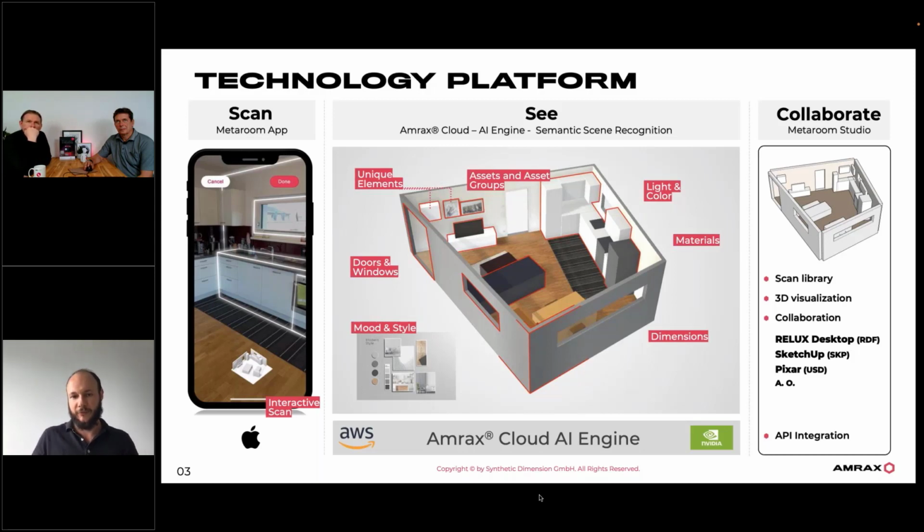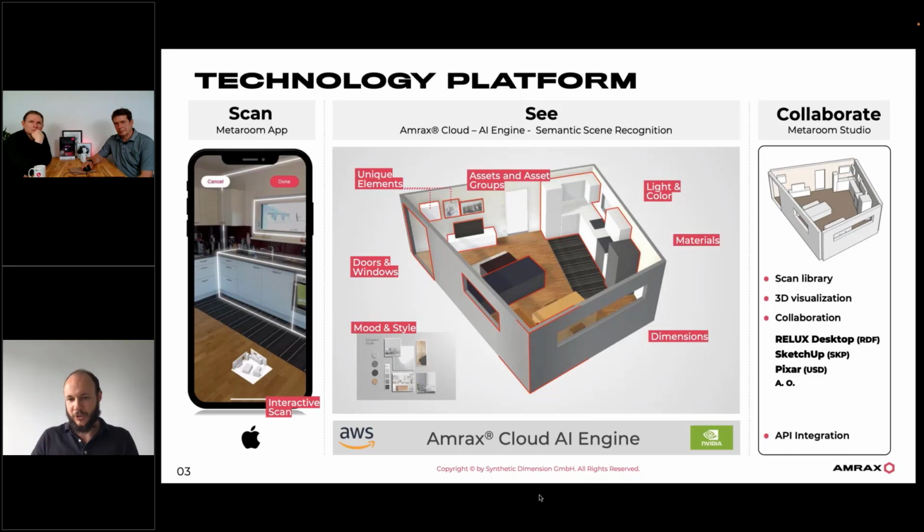We can detect furniture and also the furniture type. We can detect unique elements such as picture frames. We can also understand the lighting condition and colors within the room that were present during the acquisition. And we also work towards materials. So we can extract a lot of additional data that might not even be possible to manually capture.